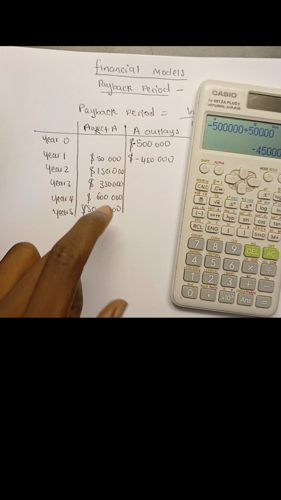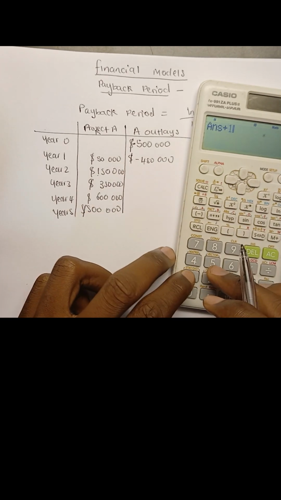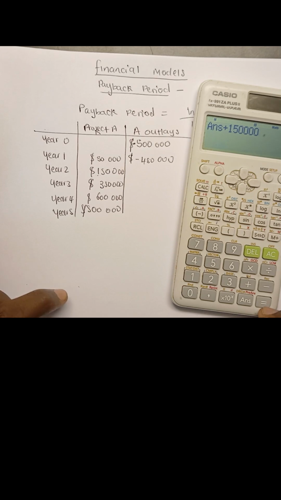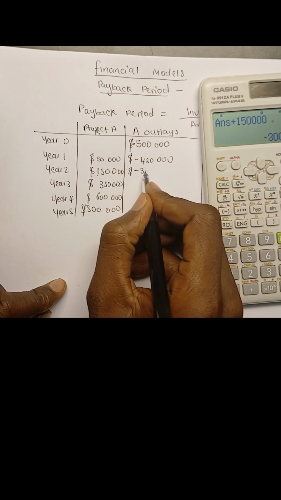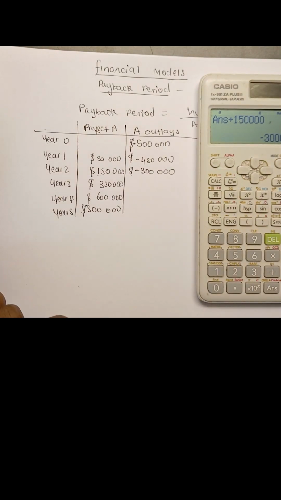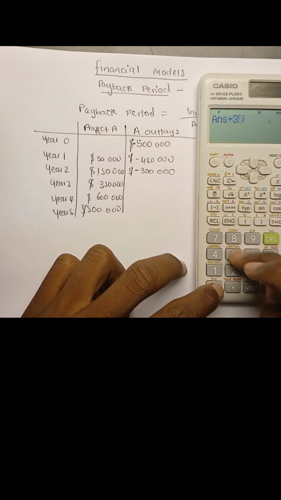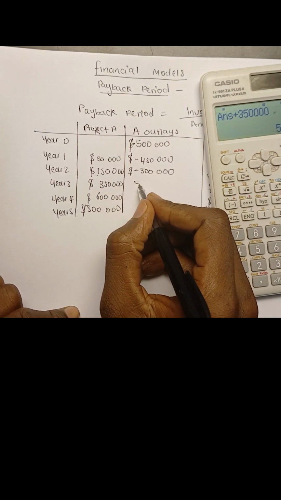Then you add the following year's number, 150,000, and then it's negative 300,000. In fact, the break-even point is the point where this number starts becoming positive, right? That is easy. Plus 350,000, then it's 50,000.